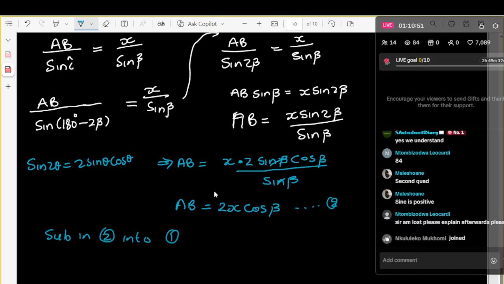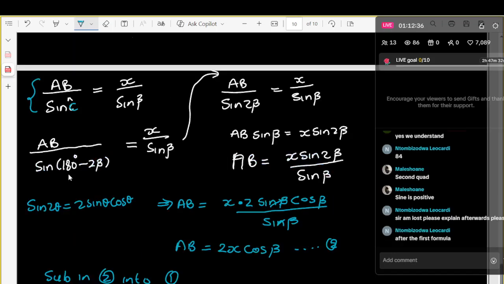So where there's angle C, I just substituted 180 minus 2 beta. Then I need to do the reduction formula. This changes into where it's 180 minus theta, quadrant 2. Sine is positive, so this changes into positive, the sine of 2 beta.